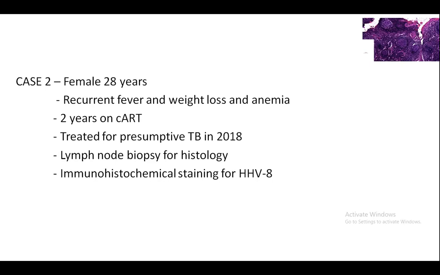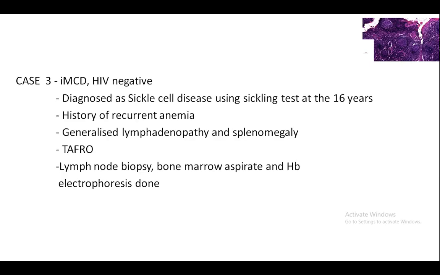The third case is of a young man aged 20 years. This one is HIV negative and was HHV8 negative. So this is a case of idiopathic multicentric Castleman's disease. He was diagnosed as having sickle cell disease at the age of 16, that is 4 years ago, using a sickling test, and this was not followed up with HB electrophoresis.